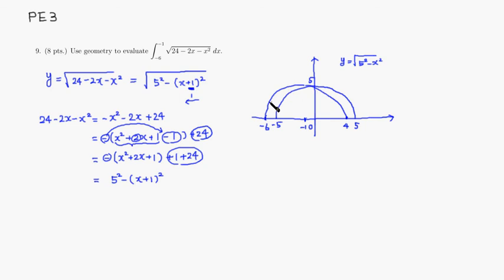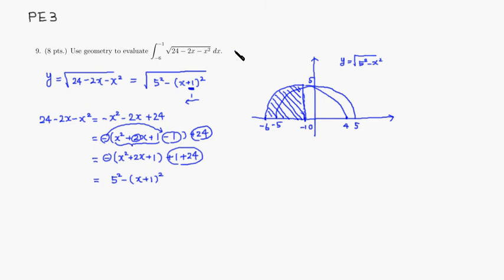All right. So we are looking at this guy, and the integral goes from -6 to -1. You can see that this -1 is right here. So we're looking at the region right here. But all we wanted to know is that this is just the quarter disk of radius 5.